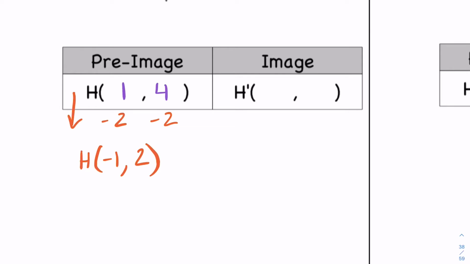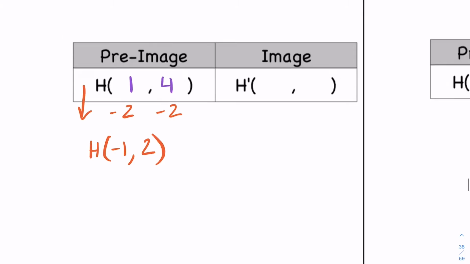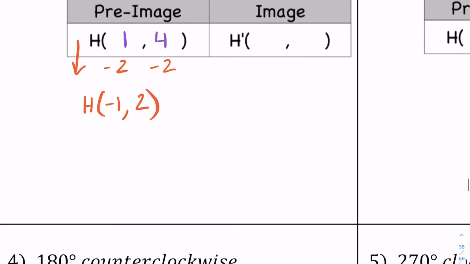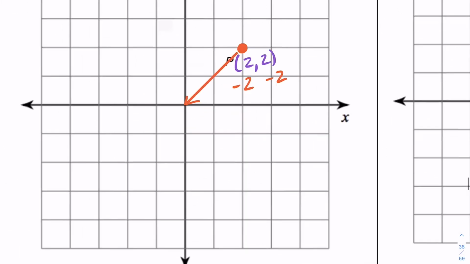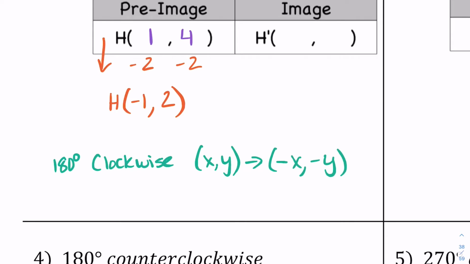Sorry about that glitch. Now we need to perform the operation that was asked, which is a 180-degree counterclockwise rotation. Or, well, this one was clockwise. It's not going to matter. They're the same direction. So x, y maps onto opposite x, opposite y.